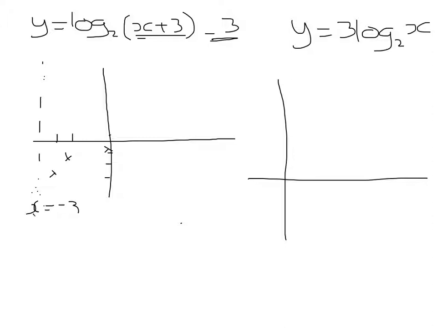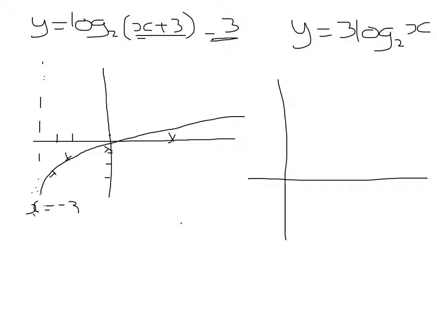And then a distance of 8 away from the asymptote would normally be 3, because we're moving down by 3 it's going to be 0. So the new graph's going to look a little like that, only it should go through the points.